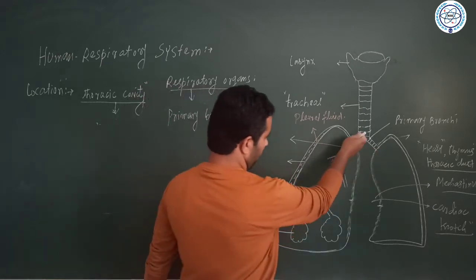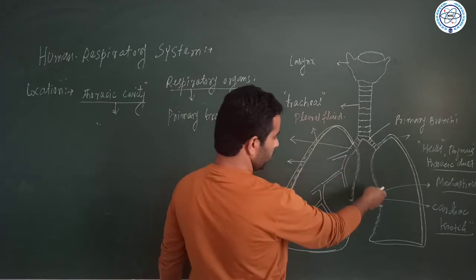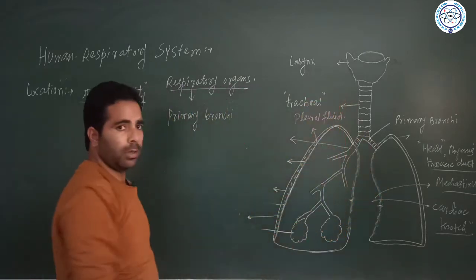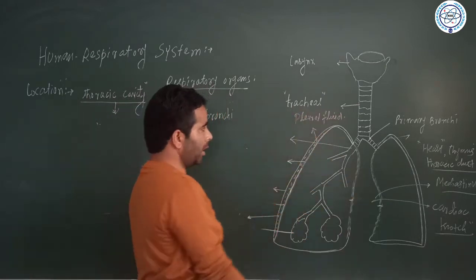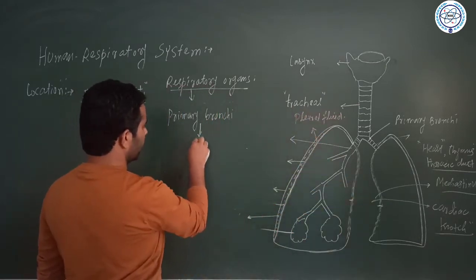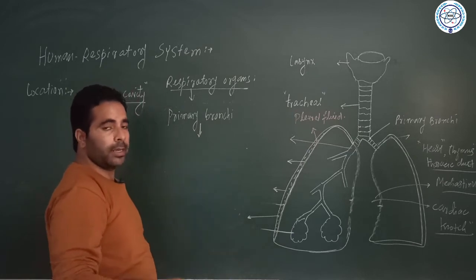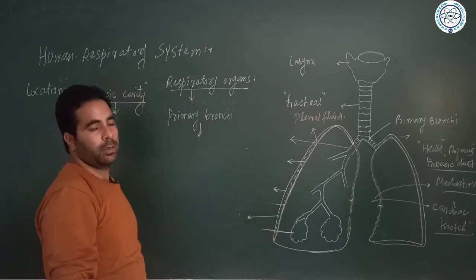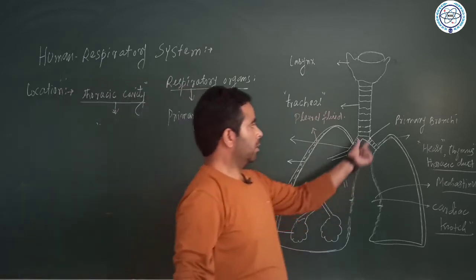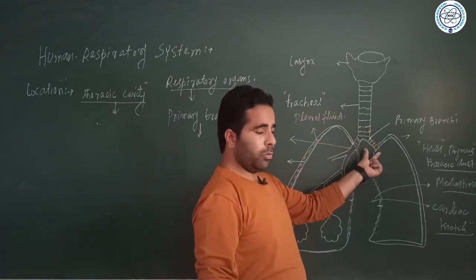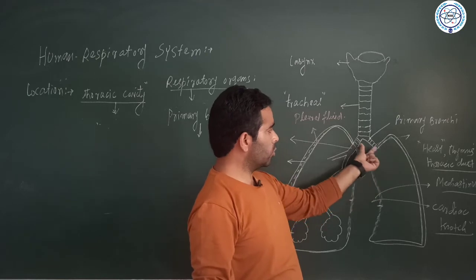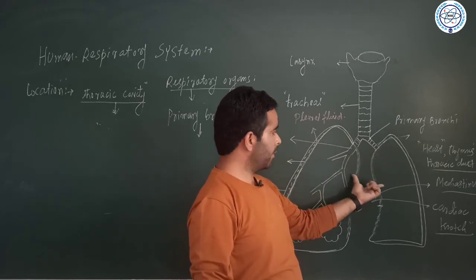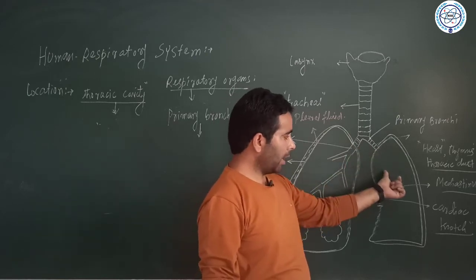So the right bronchus and the left bronchus enter into the two lungs. Once they enter into the lungs, these primary bronchi divide and redivide many times. Listen again. The trachea bifurcates into two bronchi, one right bronchus, another left bronchus, and these two enter into the lungs, one into the right, another into the left.